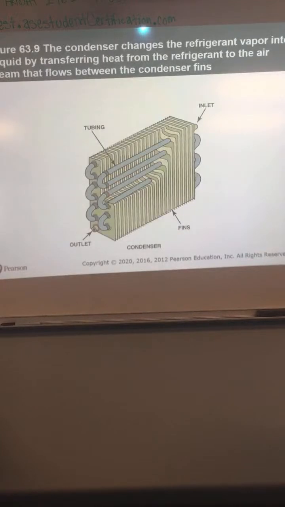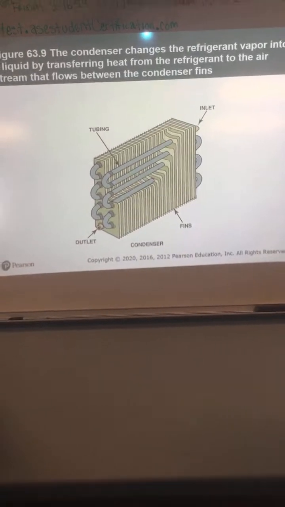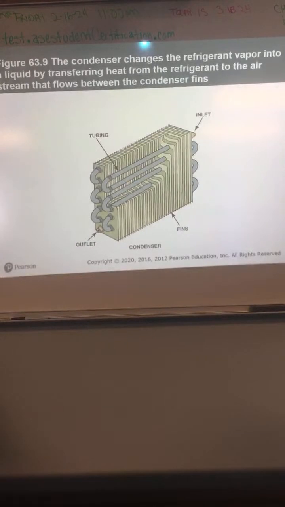Okay, guess not. Okay, your condenser, that is located where? The evaporator's inside the car, we just talked about. Where's the condenser at?